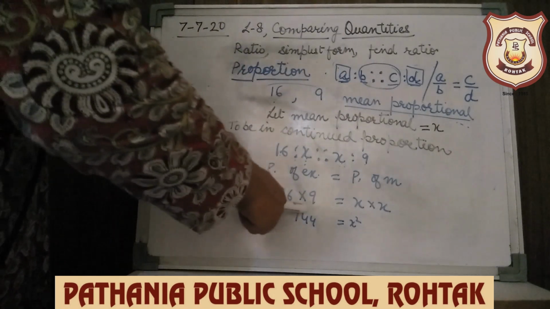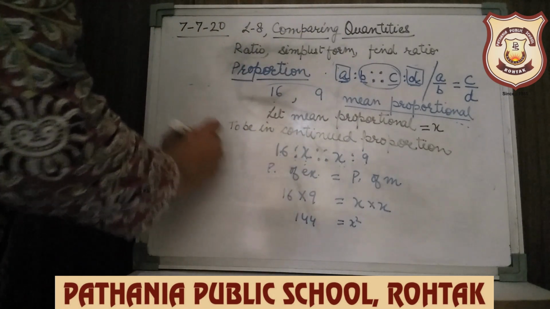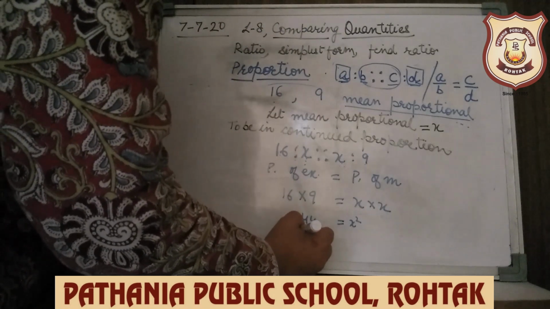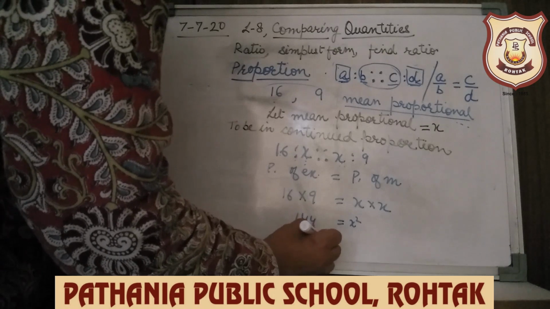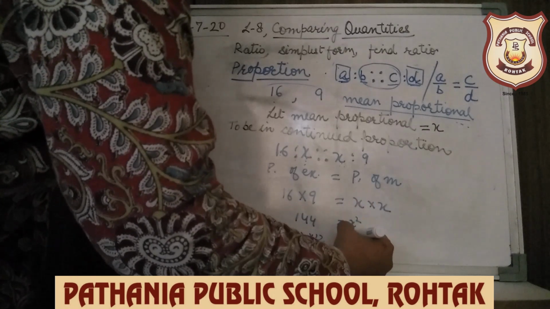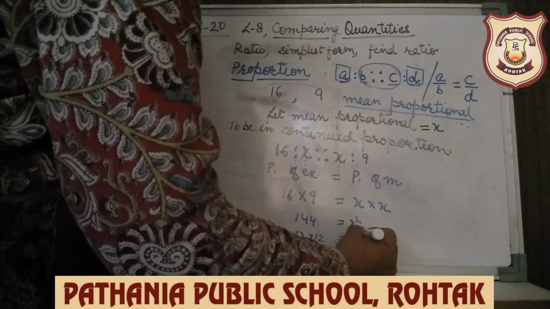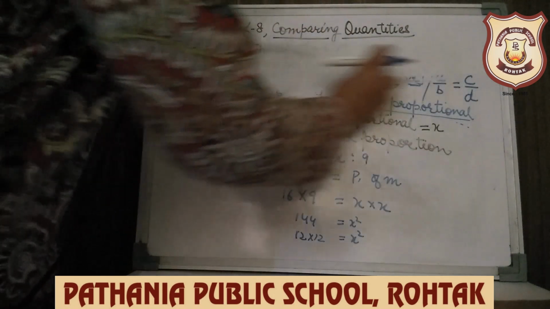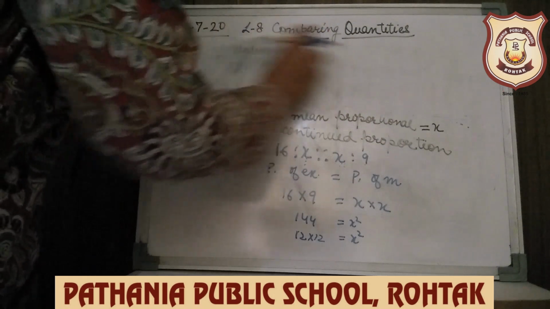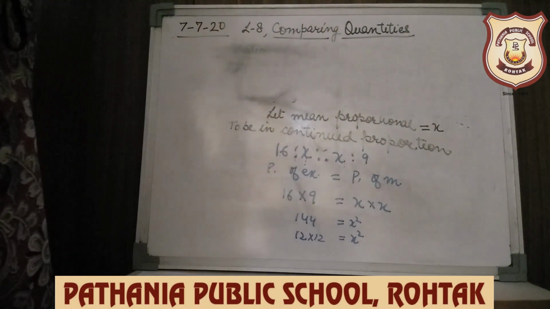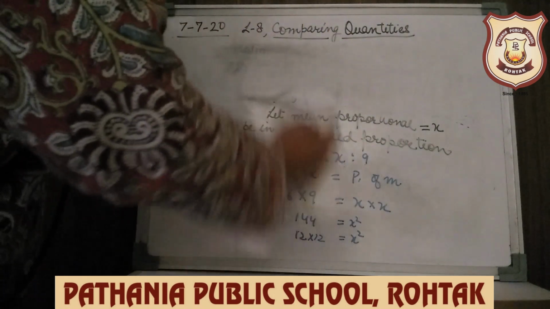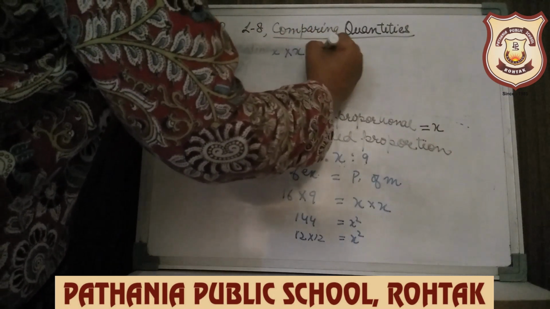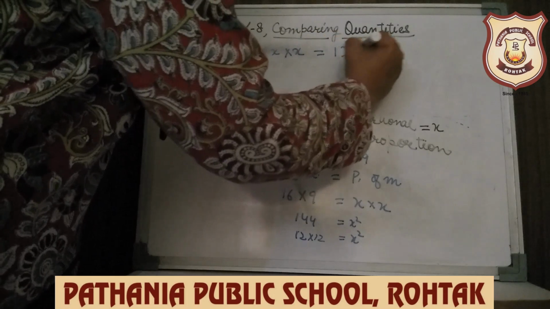Now you can write the prime factors for 144, which comes as 12 into 12, which is equal to x square. Now what I told you, x square means x multiplied by x, and this is equal to 12 into 12.